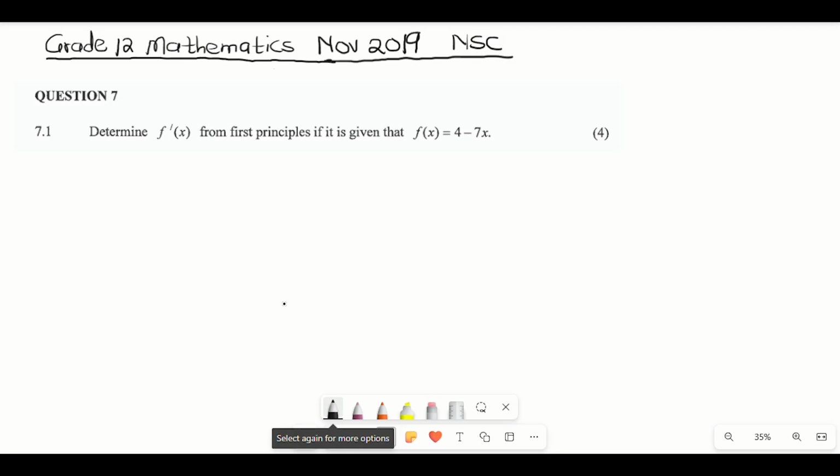This one is from grade 12 mathematics, November 2019 NSC. Question 7, specifically 7.1, which reads as follows.